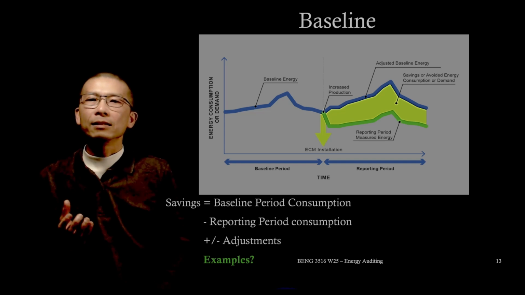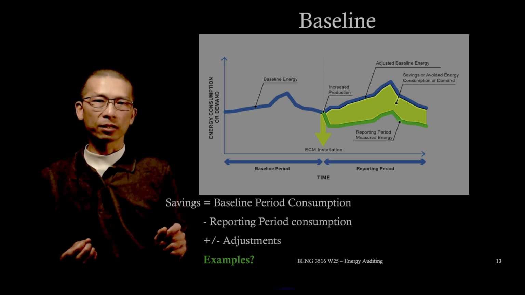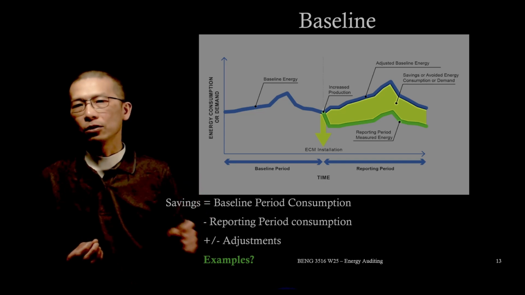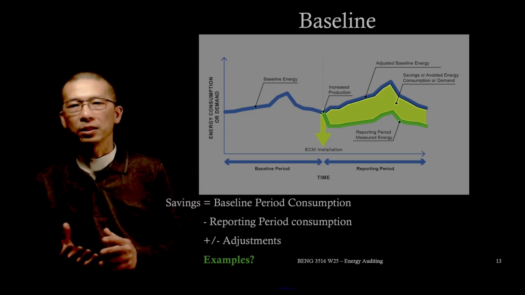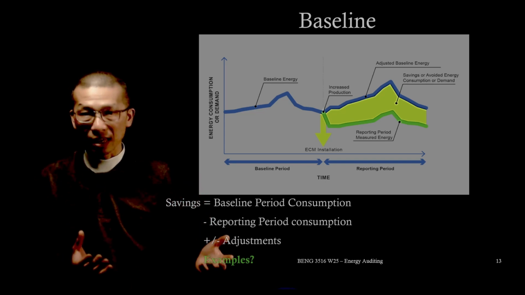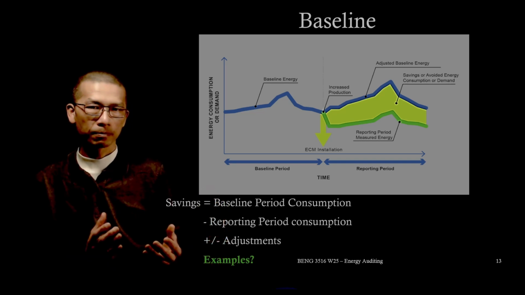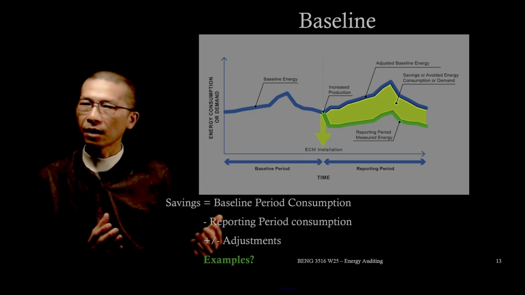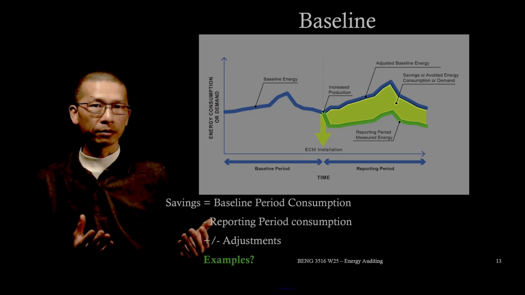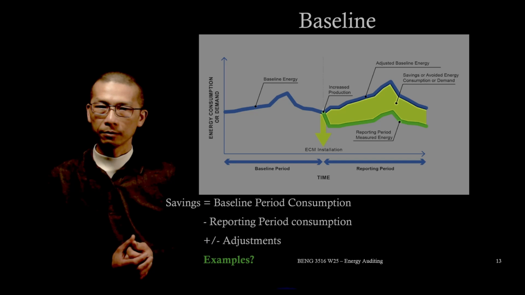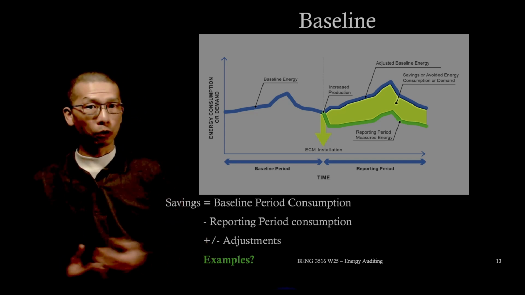It's the normalization adjustment. It accounts for external changes like weather, occupancy, or production level to ensure a fair comparison. If the weather is different, how can we compare? If the occupancy is different, how can we compare? Right? So apples to apples, oranges to oranges.